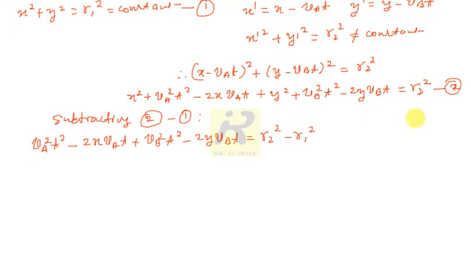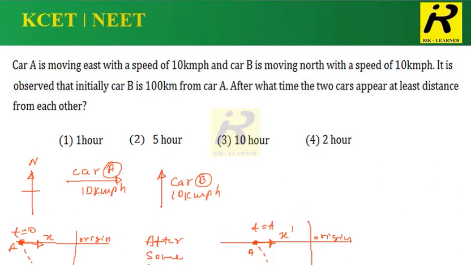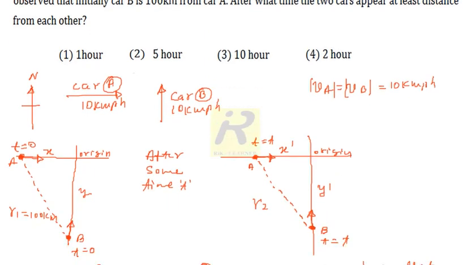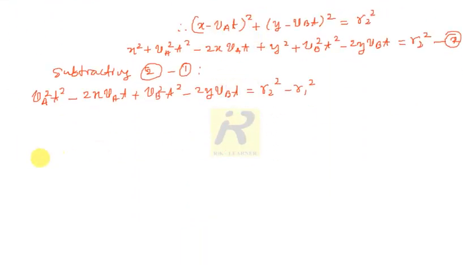And we must know one thing: from the given information, the two cars are moving with the same speed. So va equals vb, their magnitudes are the same, which is equal to 10 kilometer per hour. Since this is the case, I can make some modifications here.